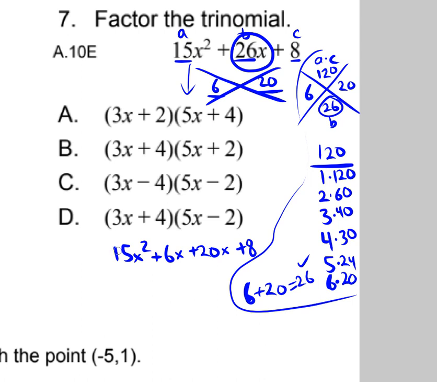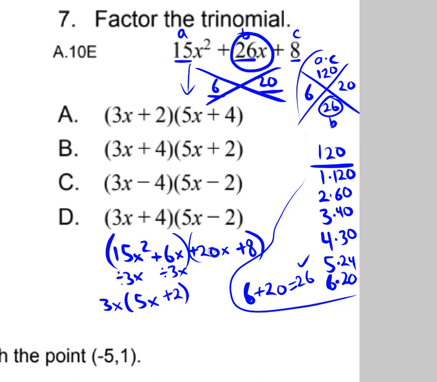So I split that 26 up into the two that I know work, and I'm going to group and factor out. The biggest thing I can take out of 15x squared plus 6x looks like 3x from both of them, right? So I divide by 3x and 3x. That 3x comes out front, and I'm left with 5x plus 2.